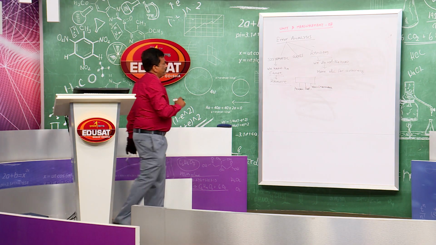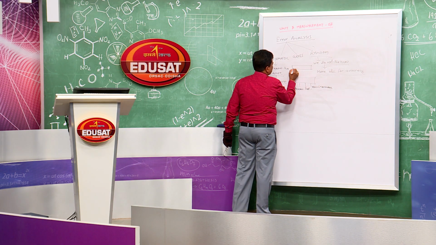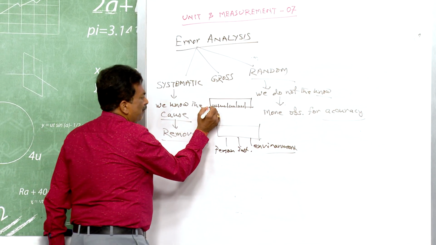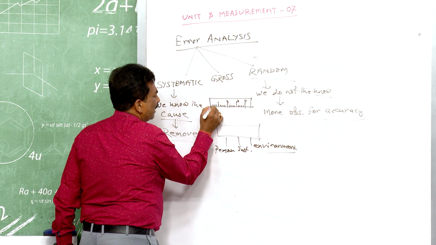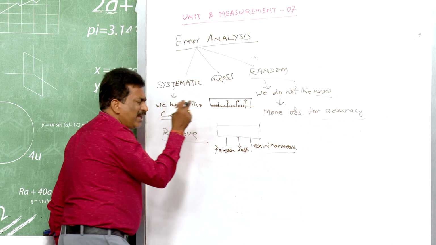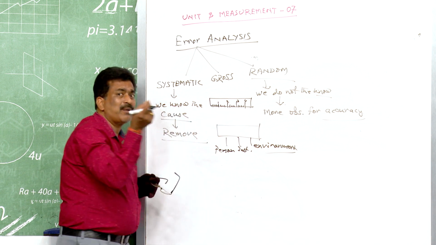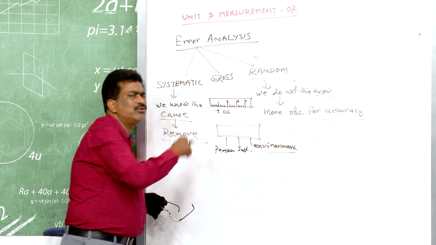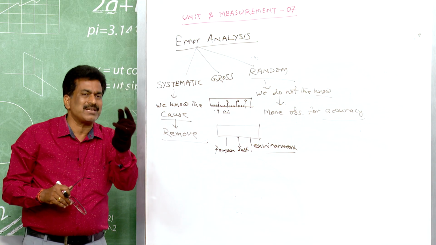Suppose you have a scale and some measurement is going on. Suppose this is 1, 2, 3, 4 and something is measured up to 1. If we look from different angles, it may look like 1.1 or 0.9, but actually the length is 1 centimeter.